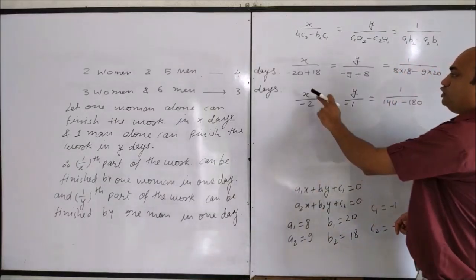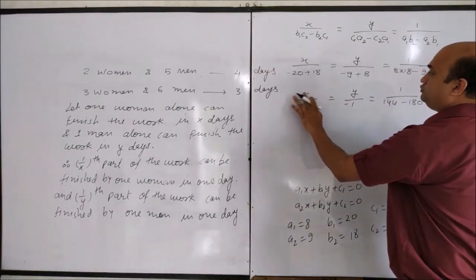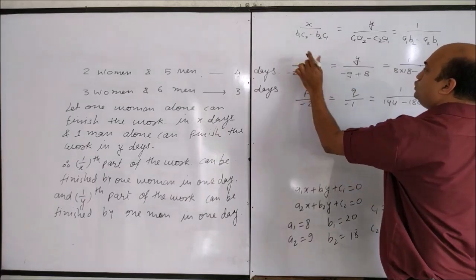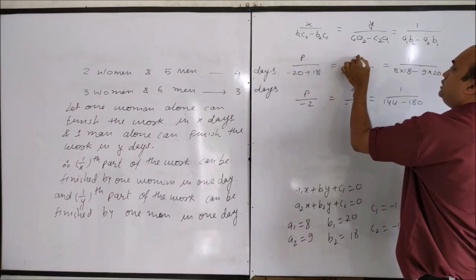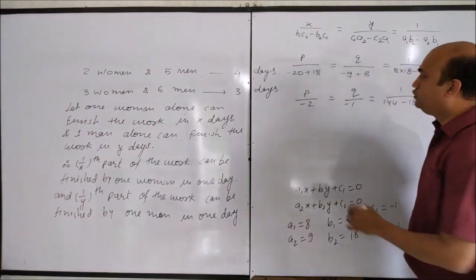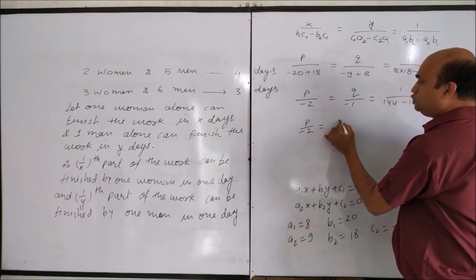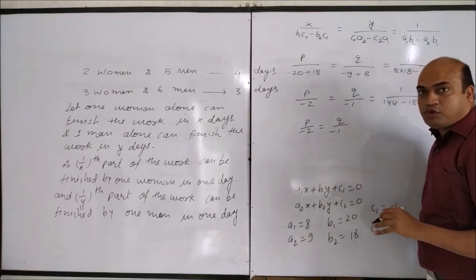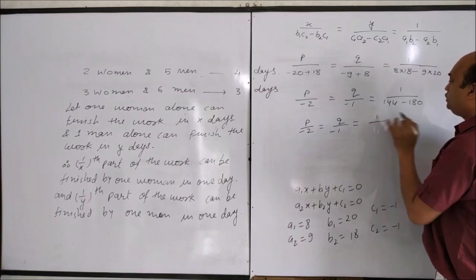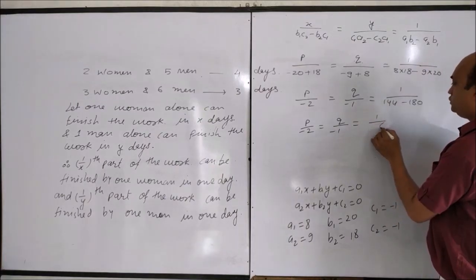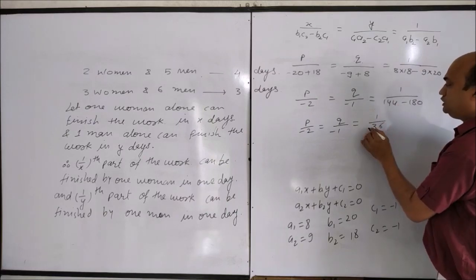And x and y are here P and Q. So instead of x and y, we place P and Q. It is P upon minus 2 is equal to Q upon minus 1 is equal to 1 upon 180 minus 144, 36.